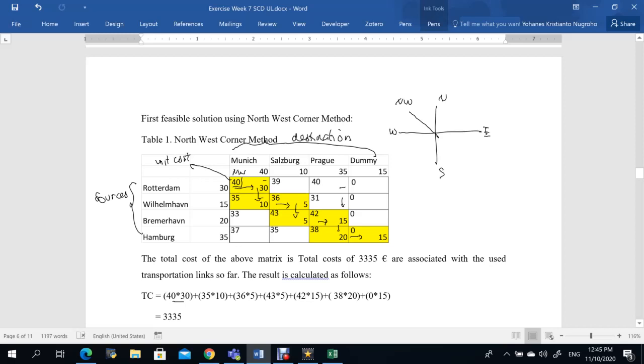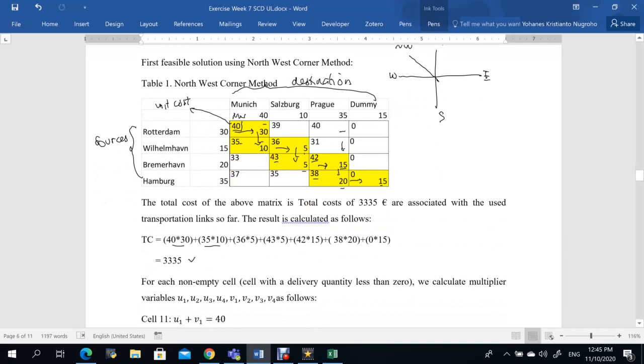So 40 times 30, 35 times 10, 36 times 5, 43 times 5, 42 times 15, 38 times 20, and 0 times 15, and we have 3,335 euro as the first feasible solution. All right, and then we try to increase the quality of the solution by using the following method.